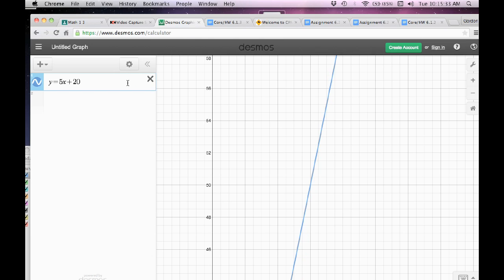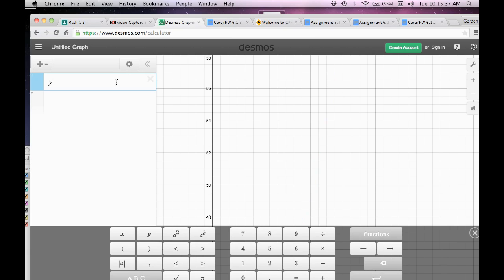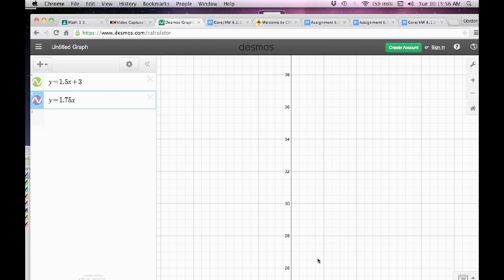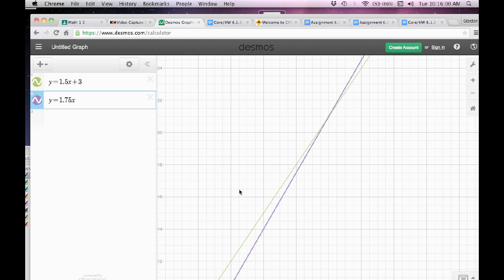I'll get rid of this, and we'll go with y equals 1.5x plus 3, and y equals 1.75x. And we'll get back towards the origin to see where they cross.